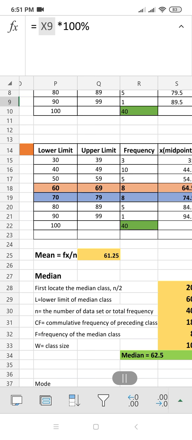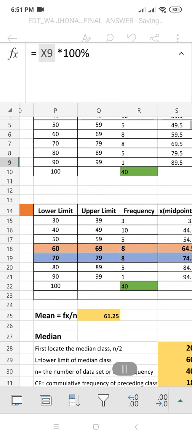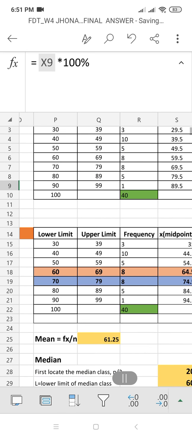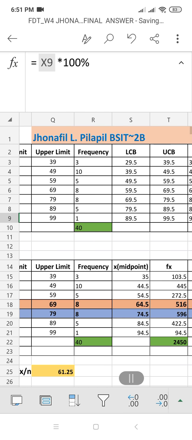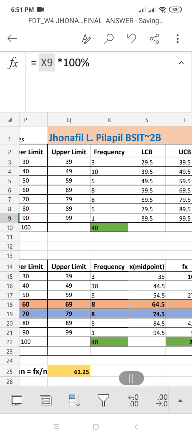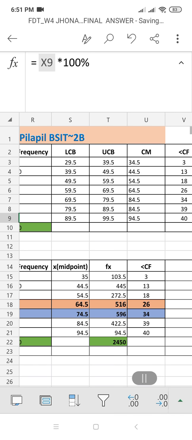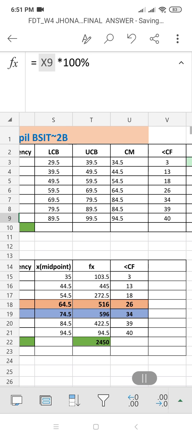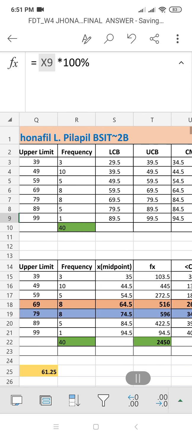So here, we are just going to copy our lower limit, the upper limit, and the frequency. And then, as you notice, we have x midpoint, fx, and the greater cf.